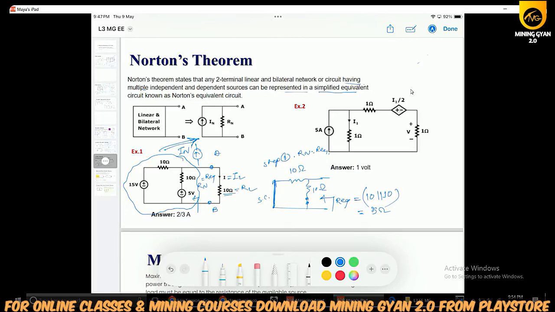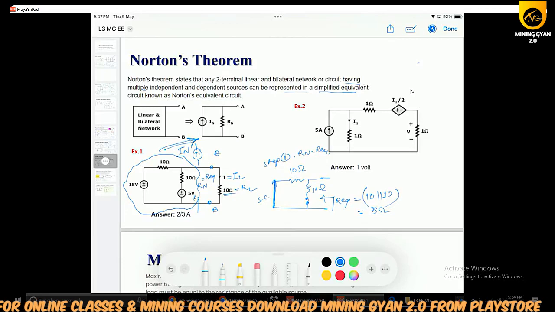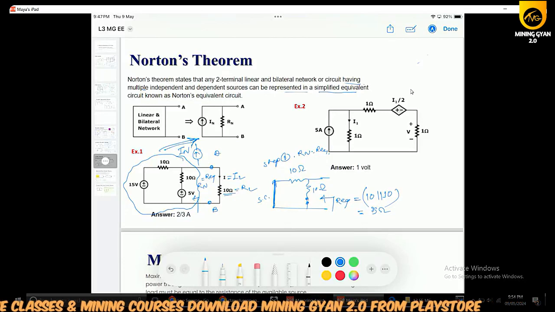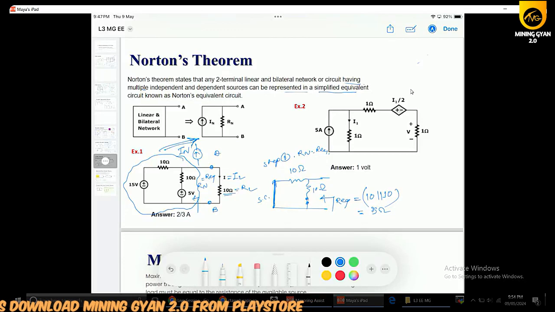So this will be your IN, this will be your RN, and this will be your RL, between A and B. Hence you can calculate the IL after applying the current division rule. RN, what was it? 1.5 ohm, and the RL value will be 1 ohm. This is how you can calculate IL.